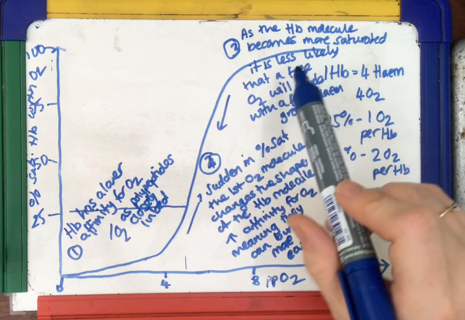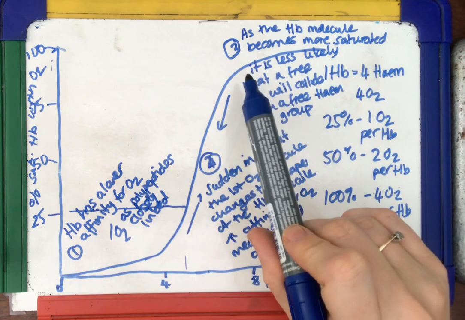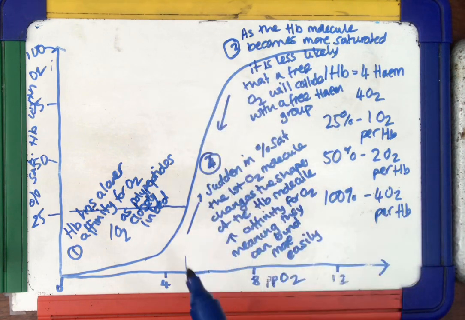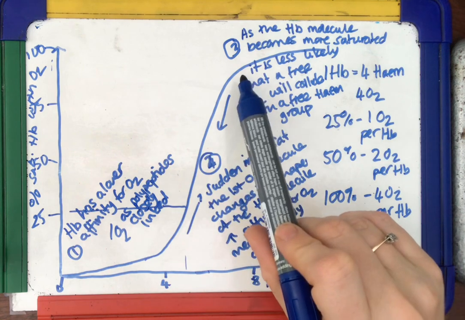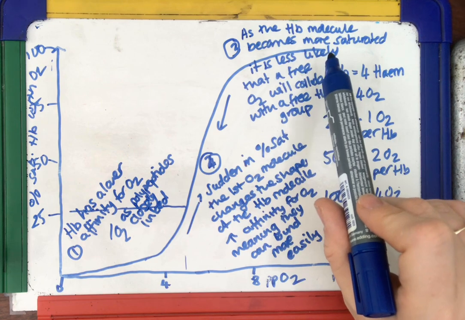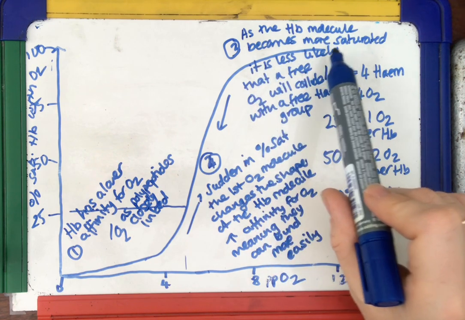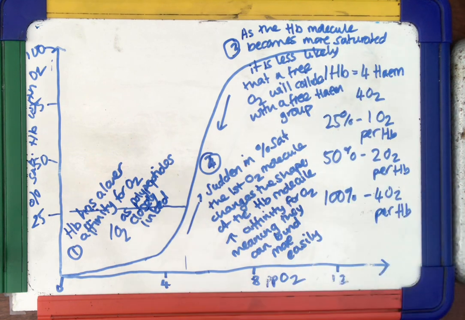And then at the third part of the graph, with a small increase in partial pressure of oxygen, we get a very small increase in the percentage saturation of hemoglobin with oxygen, because of the probability that the oxygen will collide with a free heme group, until it reaches its maximum, where all 4 heme groups are occupied by an oxygen molecule and it is fully saturated.